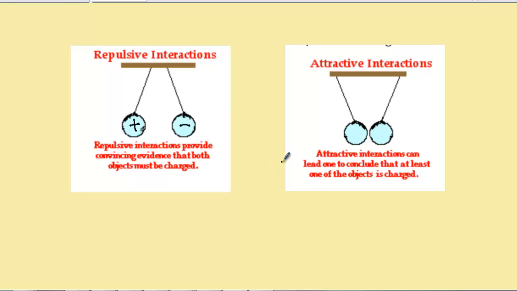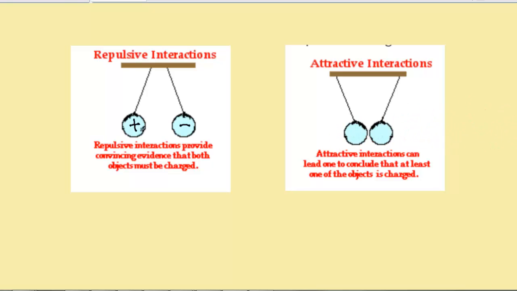When it gets more confusing or less clear is when they're attractive. Now, you have to have at least one that's charged. So let's say that this balloon has a negative charge. Then what does that tell us about this one? This one could be positive or it could be neutral because of induction. All right?